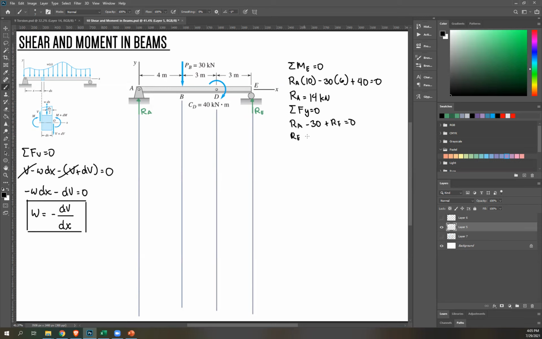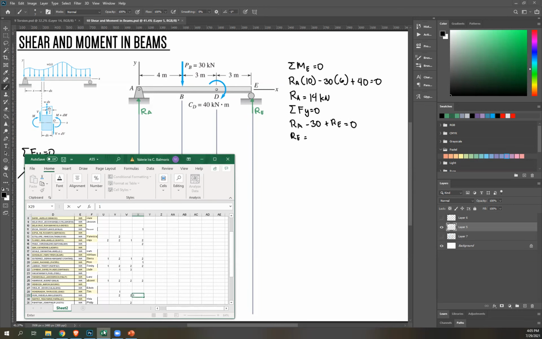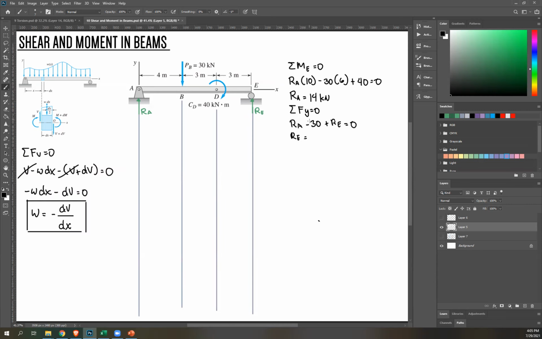What's RE? Again, what's RE? Correct, Miguela. Who else? Correct, Parago. 16. So 16 kilonewton.